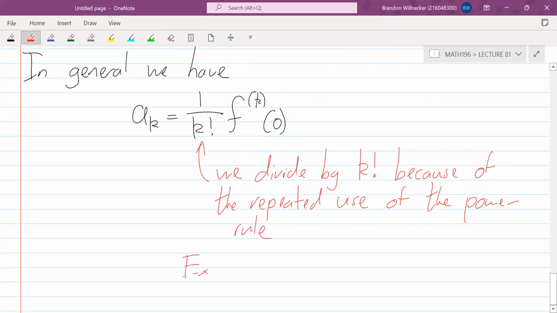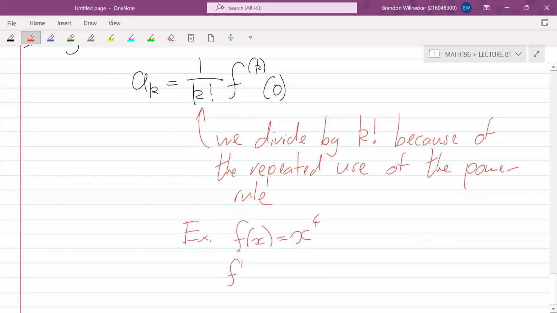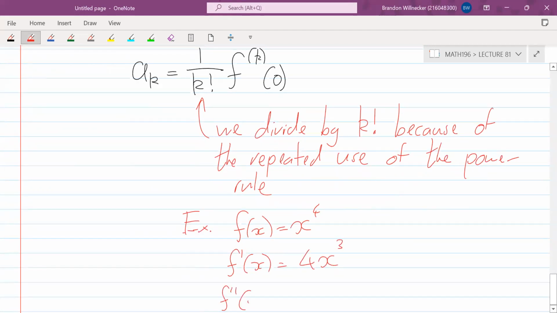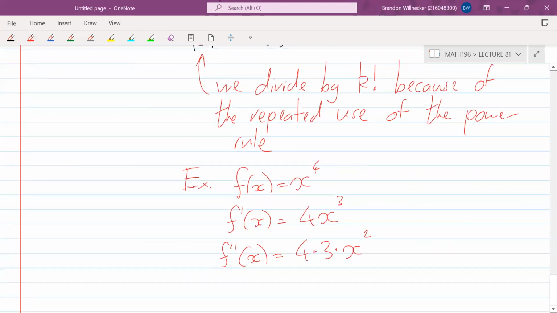And just as a little example to illustrate this, let's say we have f of x is equal to x to the 4. F prime of x is going to be 4 times x cubed. F double prime of x is going to be 4 times 3 times x squared. F triple prime is going to be 4 times 3 times 2 times x, and you see this continues.